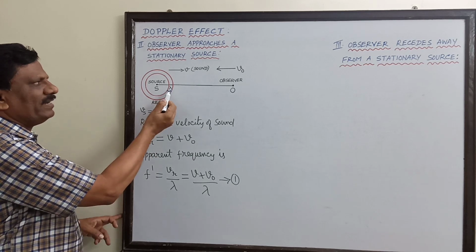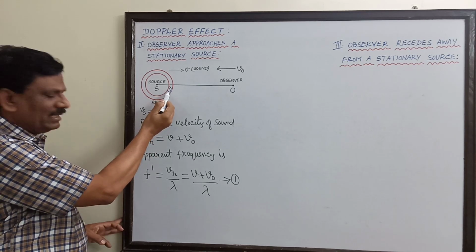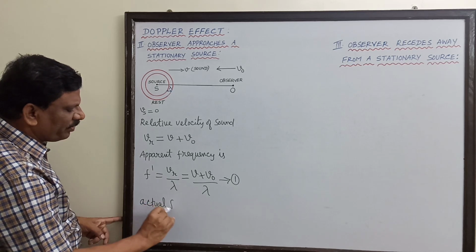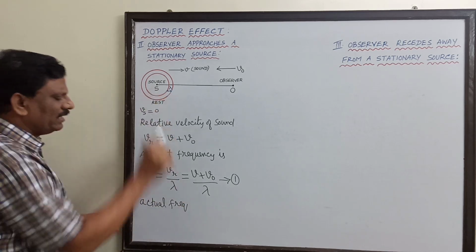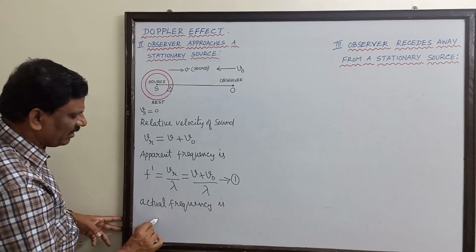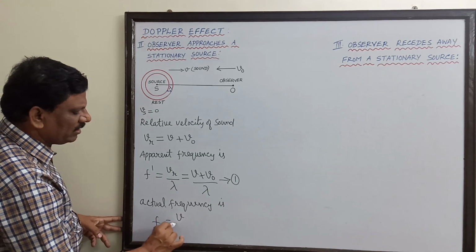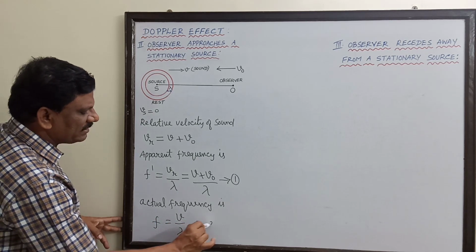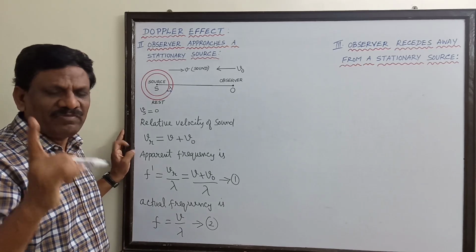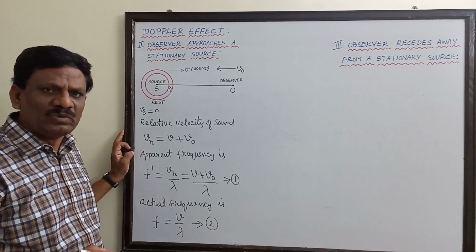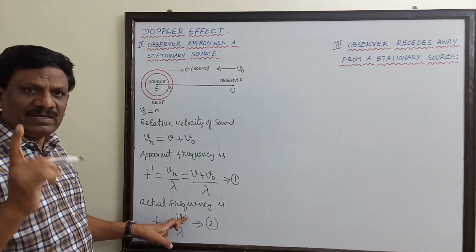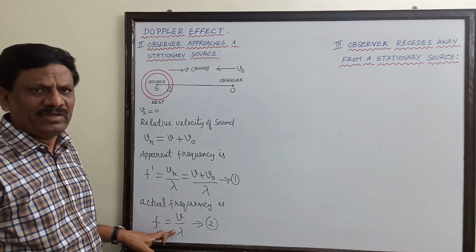Now the actual wavelength is represented by lambda, and the actual frequency which is emitted by the source is given by f, and this is equal to V divided by lambda. This is equation 2. In the previous case we have studied this. The actual frequency is the number of waves emitted by the source. So that is f, equal to the actual velocity of the sound divided by the actual wavelength.